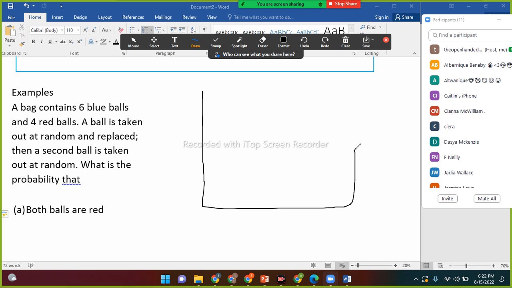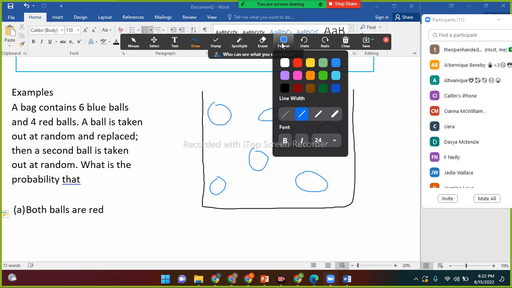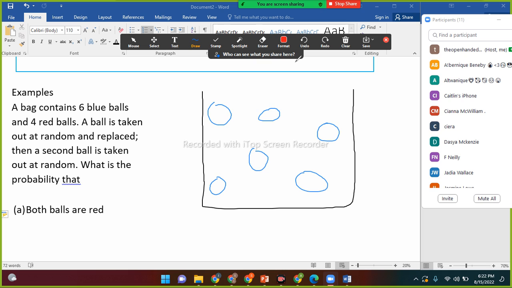So it's a bag, so they are randomly in this space. So we have 1 here, 2, 3, 4, 5, and 6. And how many red balls do we have, Deja, inside this bag? 4. 4 red balls.